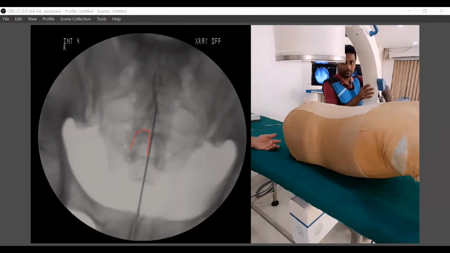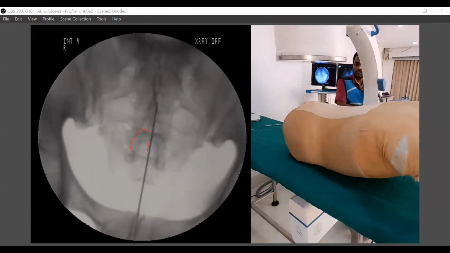Many questions were there about which one is better, ultrasound or X-ray. I will say that X-ray is better because at this position you have the option to give contrast, so you don't have to assume how it is spreading. You can see how it is really spreading, and which nerve roots are bathed by the drug.